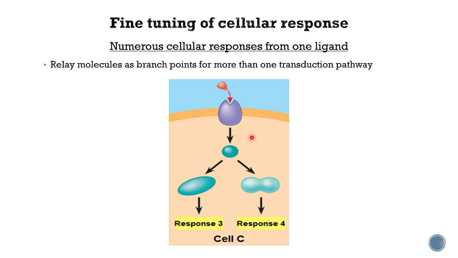So for every step in the multi-step signal transduction pathway, if a particular protein or molecule can activate more than one type of downstream protein or molecule, then there can be branching, and that increases the number of pathways that can be activated from one signaling molecule, one ligand, leading to different cellular responses at the end of the different pathways. So one signaling molecule can trigger more than one response in the cell.